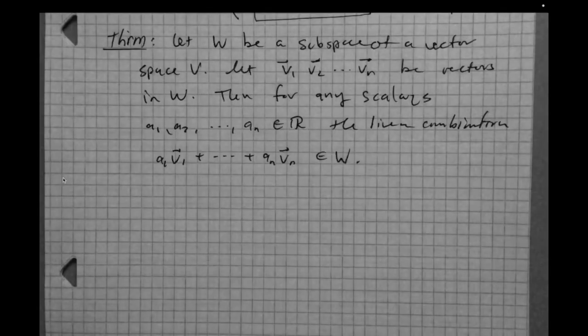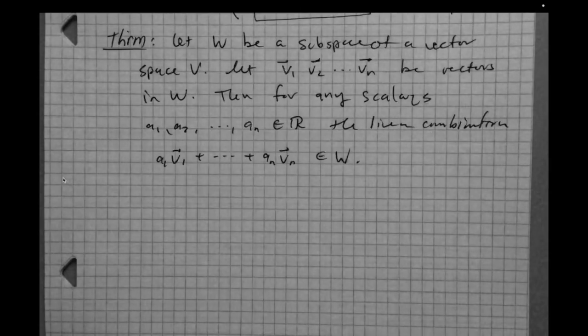Now, this might seem obvious because what is this? This is just scalar multiplication and vector addition being performed on vectors in W. So doesn't the definition of a subspace get you this automatically?